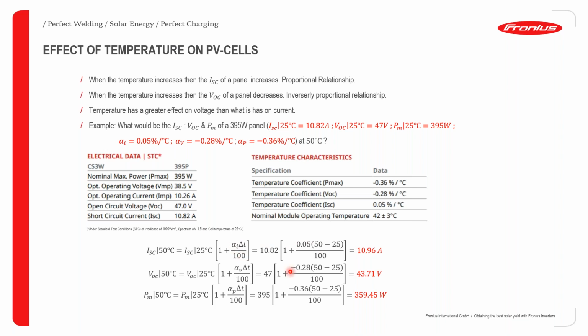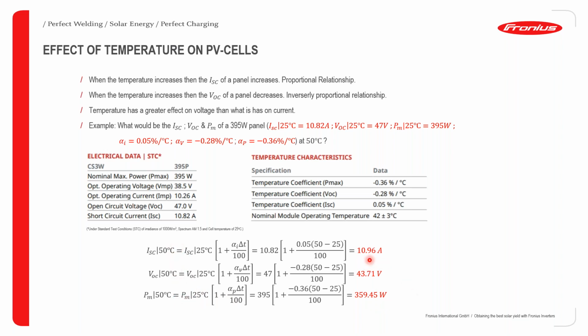By the time we plug in all these figures, we are going to have a value of 10.96 amps for current, 43.71 volts for the voltage, and 359.45 watts for the maximum power, all to obtain the values at 50 degrees Celsius, as you can see.